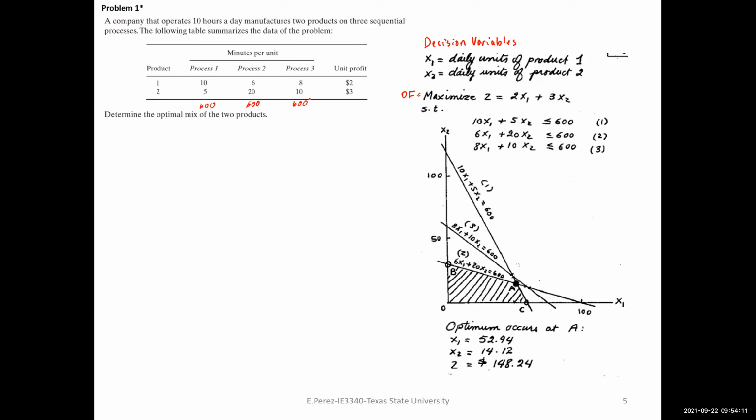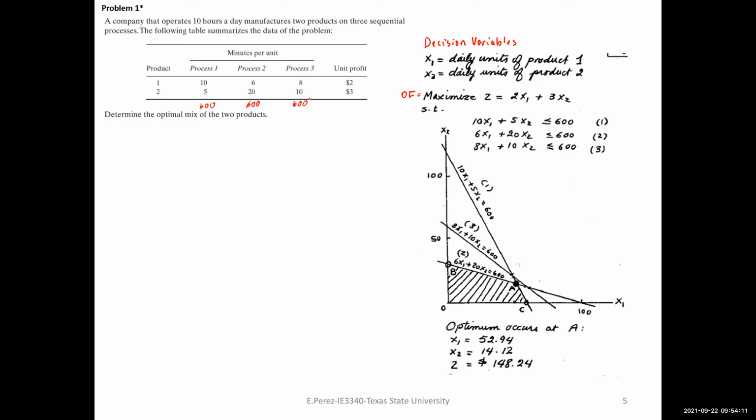Now I need to find a second point that is going to give me the same objective function. I don't know what that point is, but whatever it ends up being, when I substitute the values here, it has to be equal to 50.